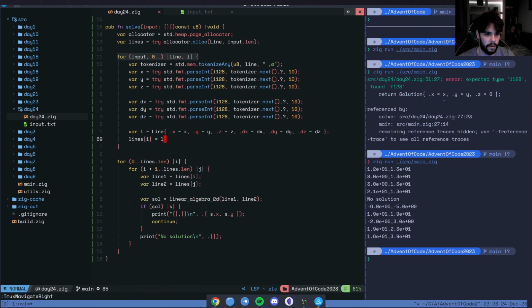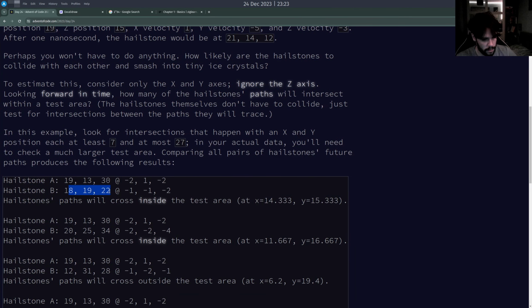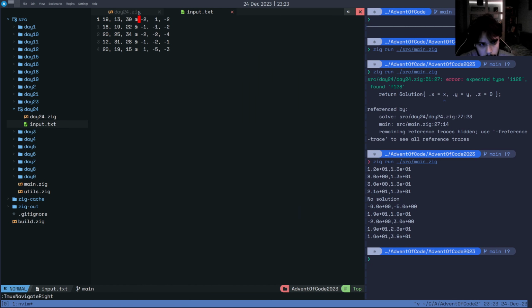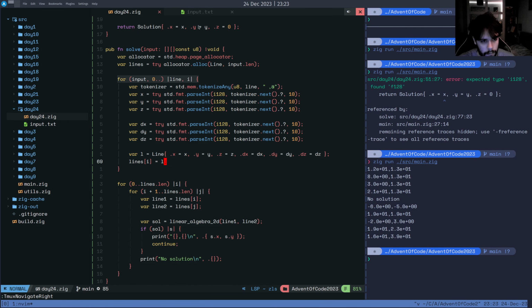Between, wait, what are those top two? Is it these two, the top two? 14.3, 15.3? Oh, that does not look great, does it? Oh, it doesn't either. I don't understand this goddamn notation very well.